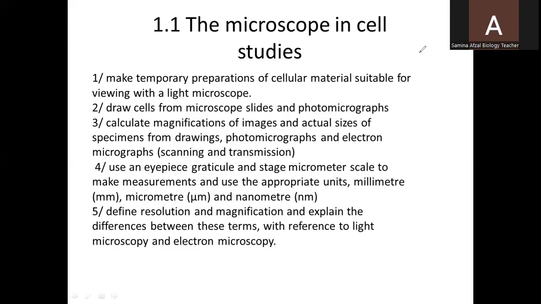Cells are unable to be seen with the naked eye. So we observe them with the help of a light microscope and an electron microscope. So these are the 2. And further, the electron microscopes which you have to study are scanning and transmission as well. So we will discuss that later in this chapter.